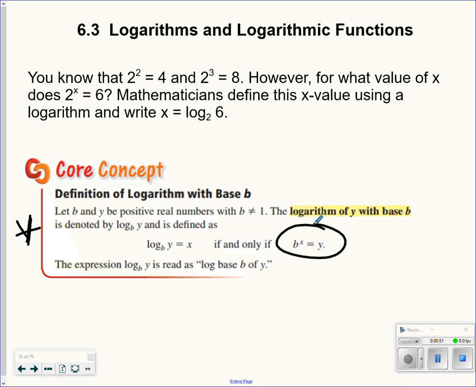So this is how it is switched into a logarithmic function: log base b of y equals x. Again, logarithms are exponents. The more you understand that a logarithm is an exponent, the more you'll understand some of the rules that go along with logarithmic functions. So a log equals the exponent of the base. Log base b of y equals x.